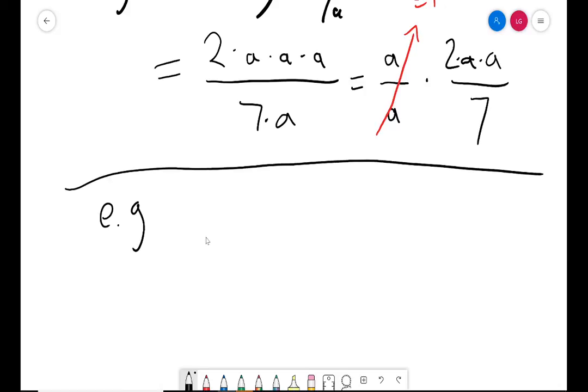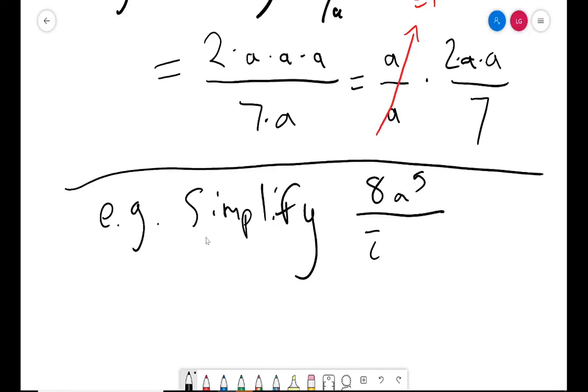Next example. Simplify 8a to the 5th over 20a to the 7th.